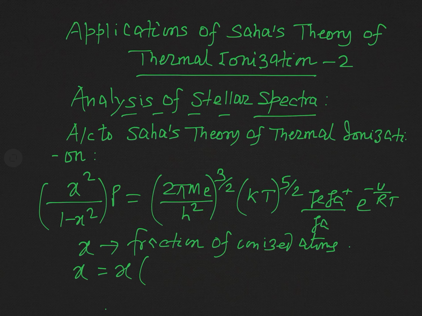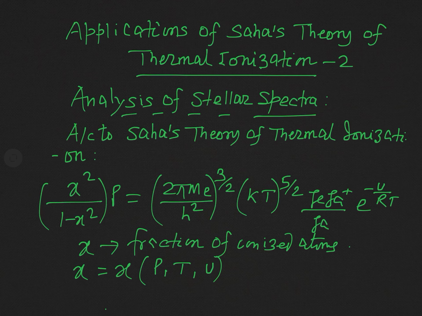The first one is the pressure P, the second one is temperature T, and the third is U, which is the ionization energy. So x depends on pressure, temperature and ionization energy.